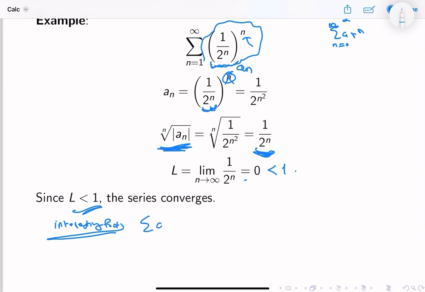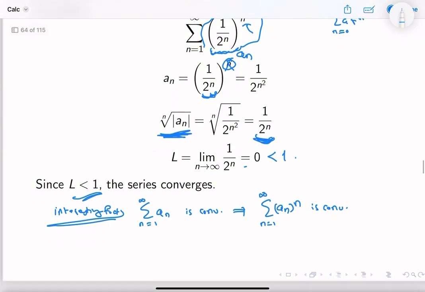If the sum of a_n from n equals 1 to infinity is convergent, then the sum of a_n to the power n, from n equals 1 to infinity, is convergent. And this is nice and easy.